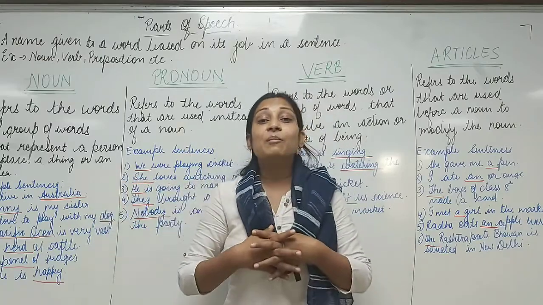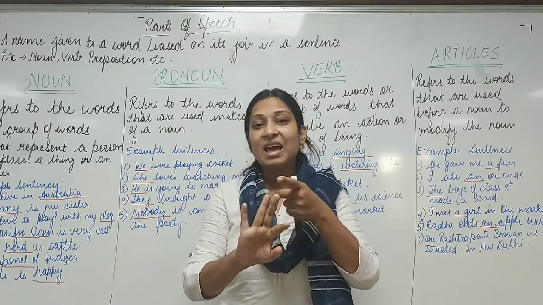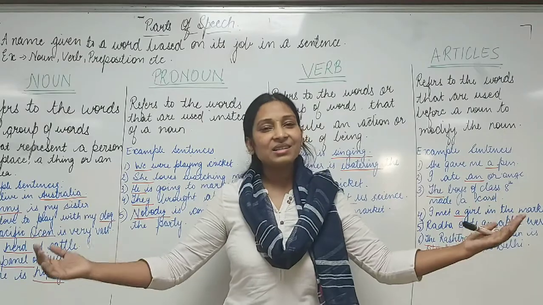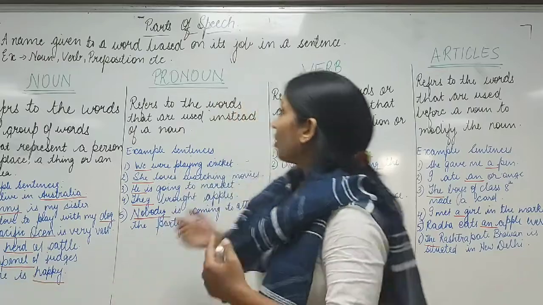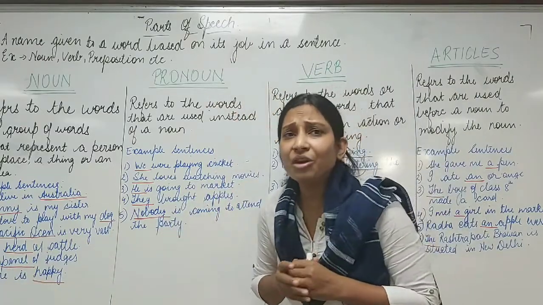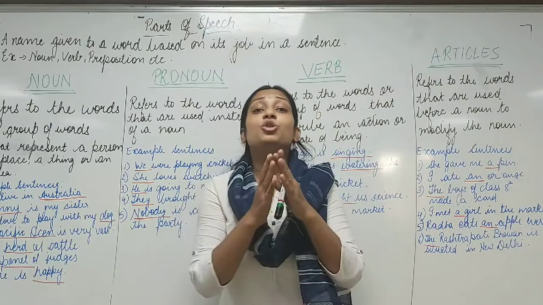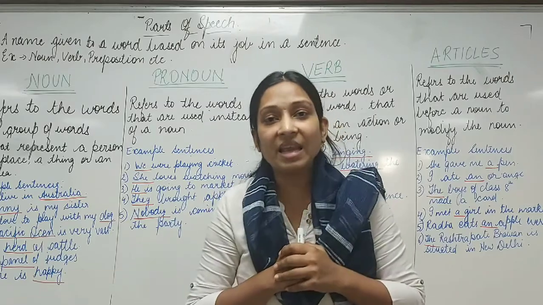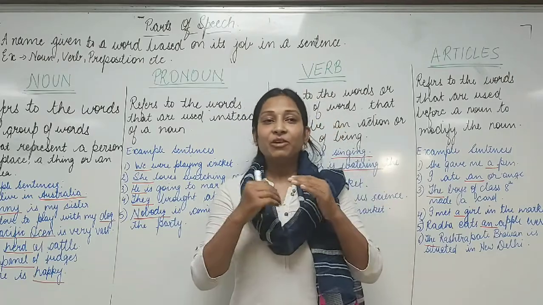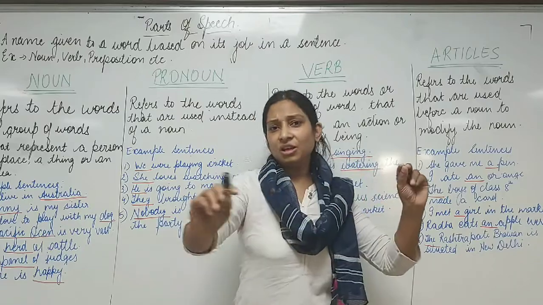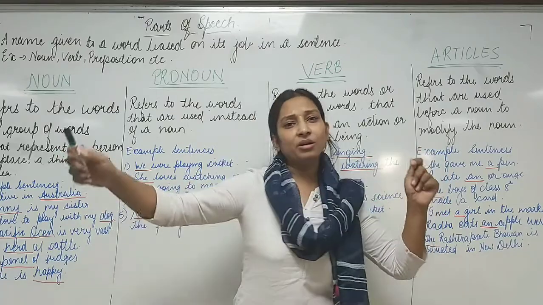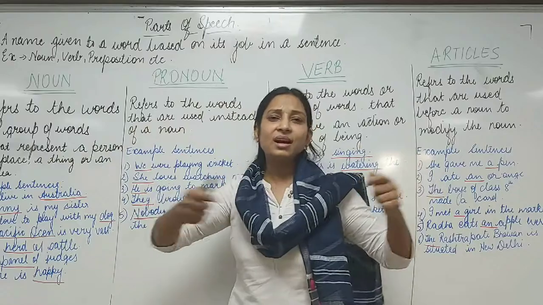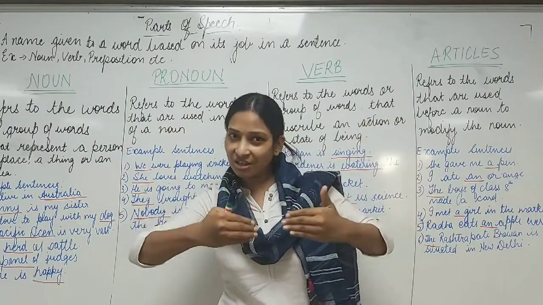So a noun is the name of a person, place, animal, thing and an idea. Clear, children? Everything that has a name is known as a noun. Now next, pronoun. Pronoun refers to those words which are used instead of a noun. Example, if I am writing an essay on Gandhiji and I write Gandhiji was a freedom fighter, Gandhiji was born in Porbandar, Gandhiji's wife's name was Kasturba, and every time I am using Gandhiji, Gandhiji, Gandhiji, right?